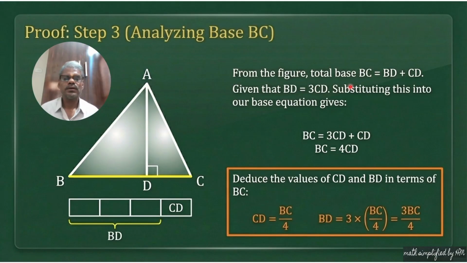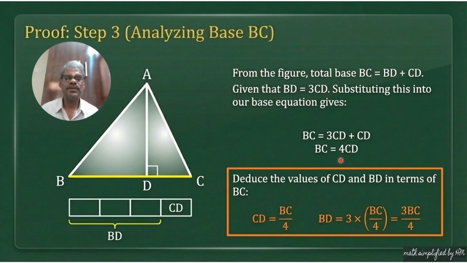From the figure, total base BC is equal to BD plus DC, and given that BD is equal to 3CD, substituting this into our base equation gives BC is equal to 3CD plus CD.